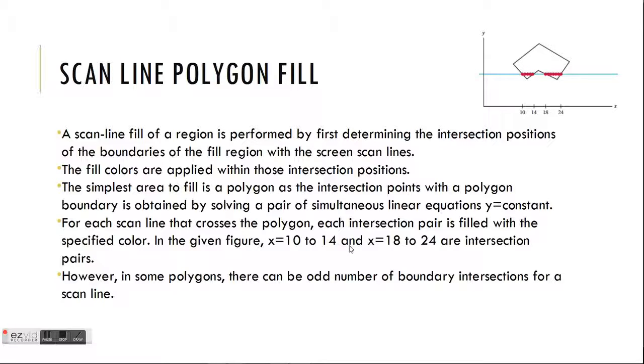Scan line polygon fill. So when we use scan line fill, it is performed by the intersections of the scan lines with the polygon lines. Here we can see 10 to 14 and 18 to 24 are intersecting on the scan lines. Then these are considered and colored.